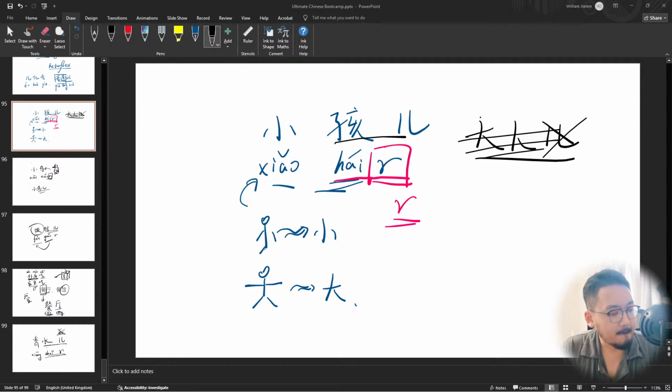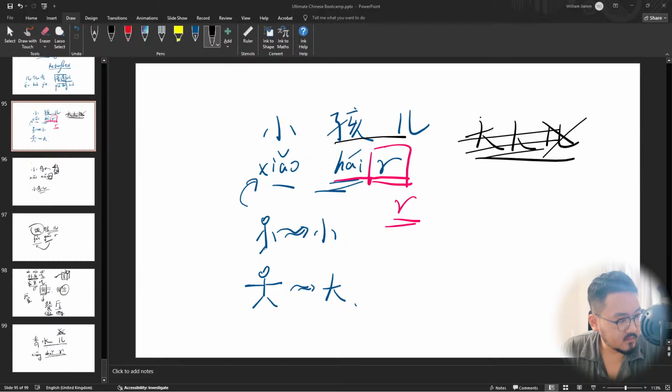But the character is unchanged, because the character represents the meaning, while the pronunciation changes because of the accent of how people say it.